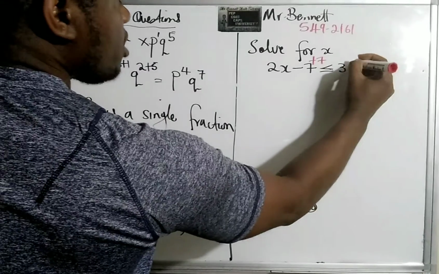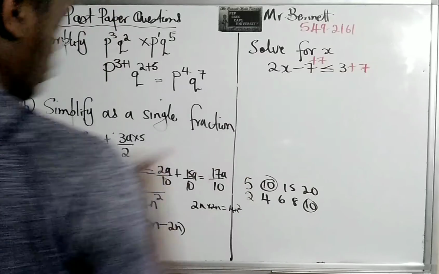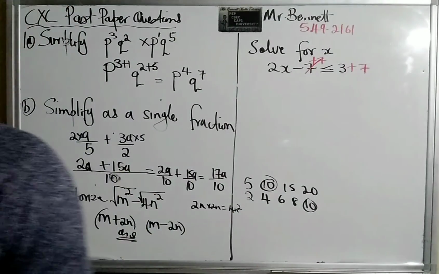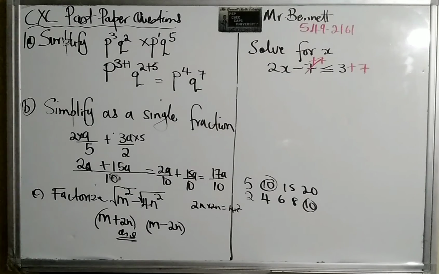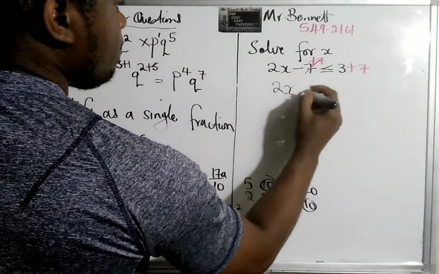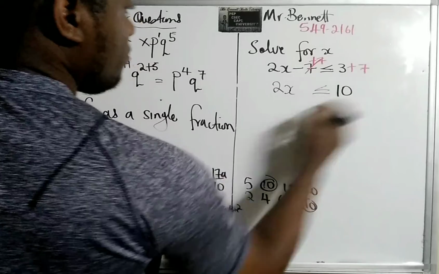What we do to one side, we do to both sides. So basically this is gone, and we are left with 2x less than or equal to 3 plus 7, that would be 10.